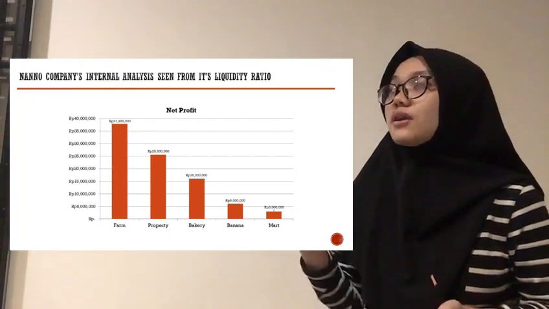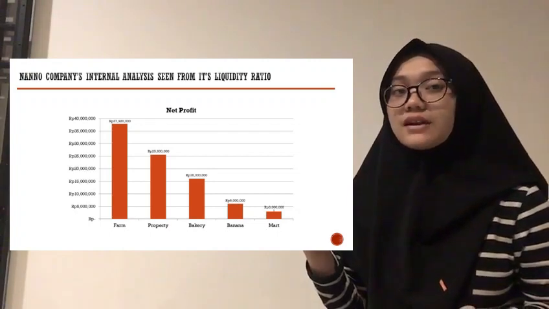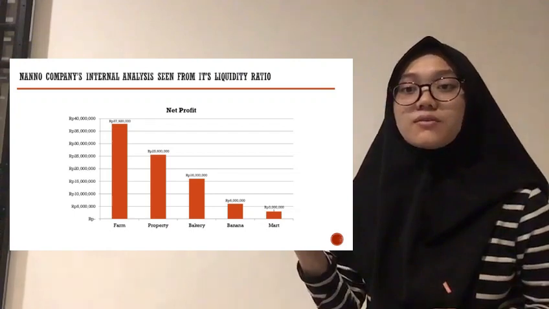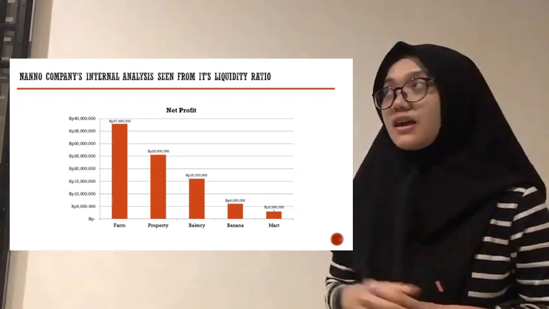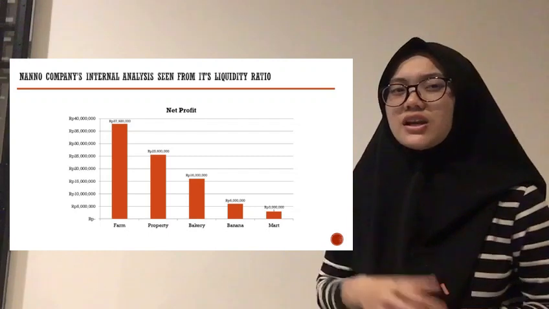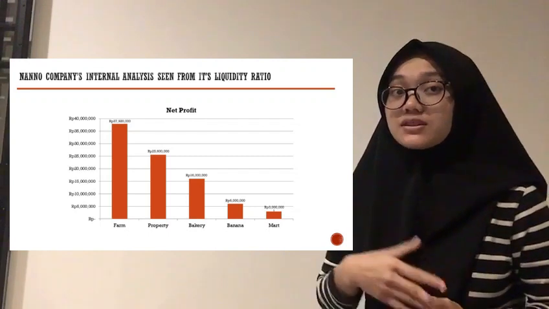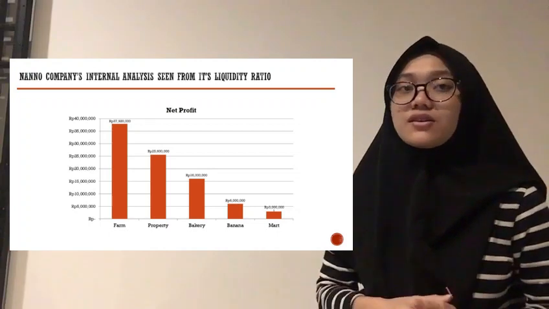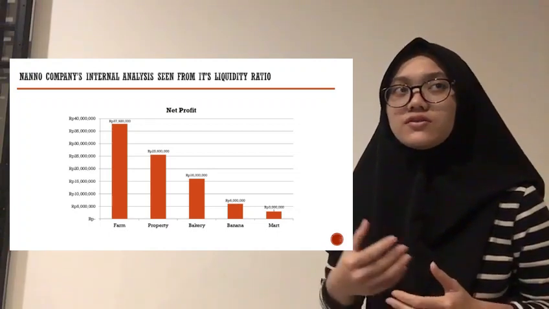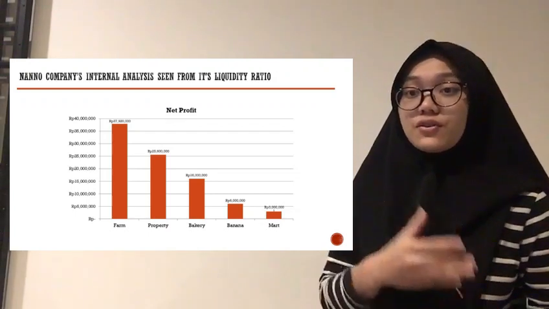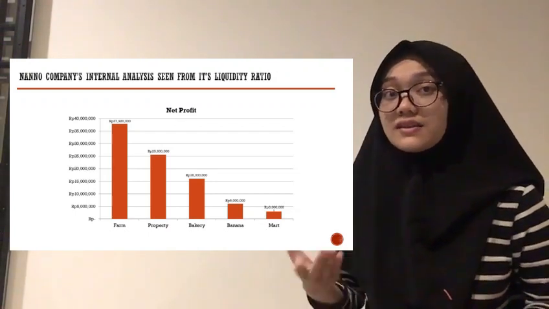And here we have data of the net profit of NANNO Company, and we can see that the farm sector in NANNO Company has the highest net profit, even though its sales are lower than the property sector. This is because the farm sector is better at reducing the amount of their cost of goods sold than the property sector.